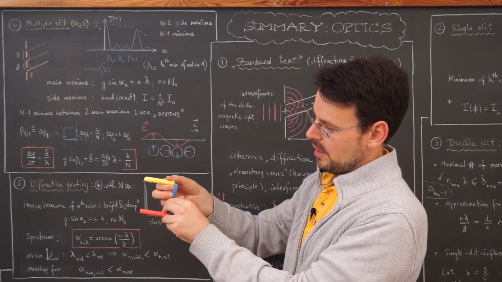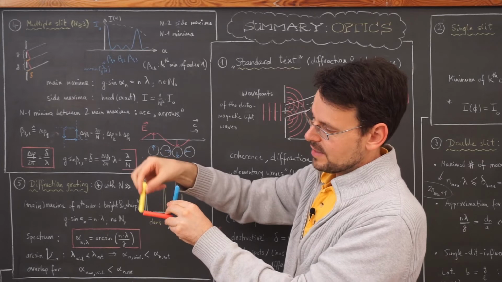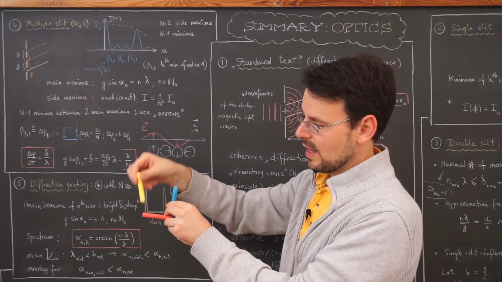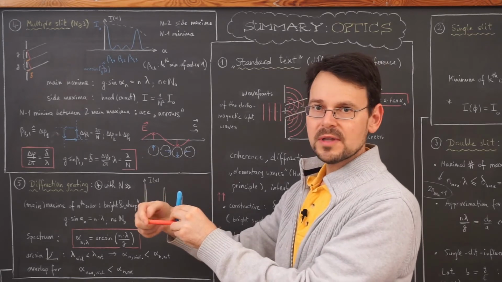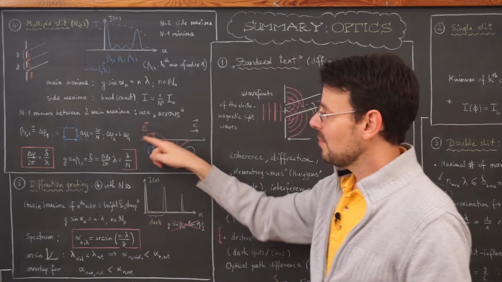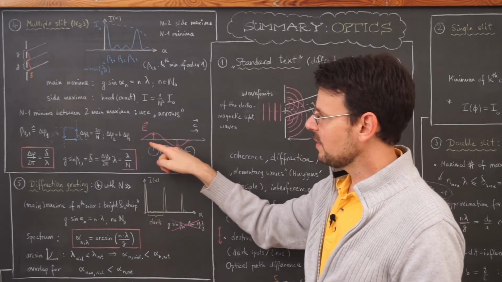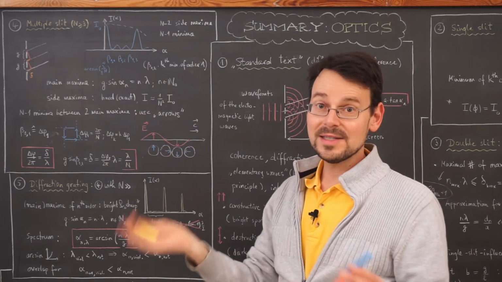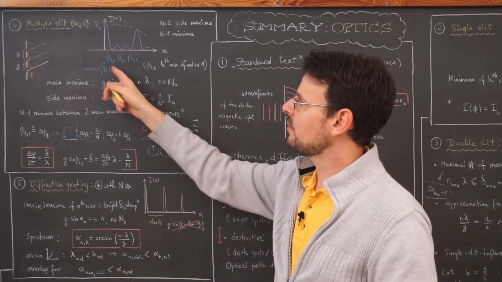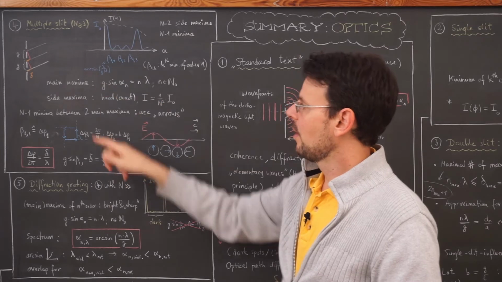And now I have only two hands. The last arrow here, again, pi over 2, counterclockwise, and you end up at the point where you started. So the sum of these arrows is 0, meaning that the resulting electrical field under this angle is 0. So you have a dark spot on your screen, meaning you have found your first minimum.